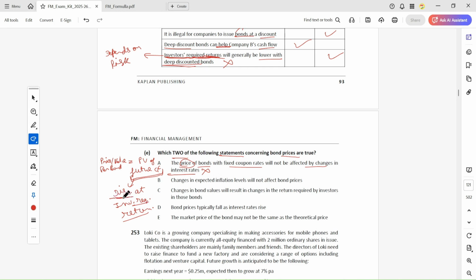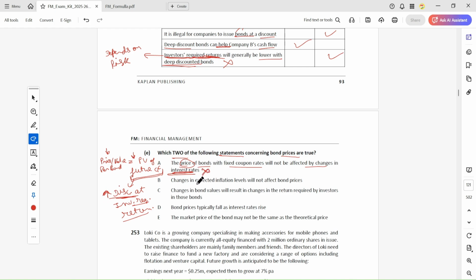If this discount rate is the interest rate and the interest rate increases, the value will decrease, and vice versa. Okay, so this is wrong.